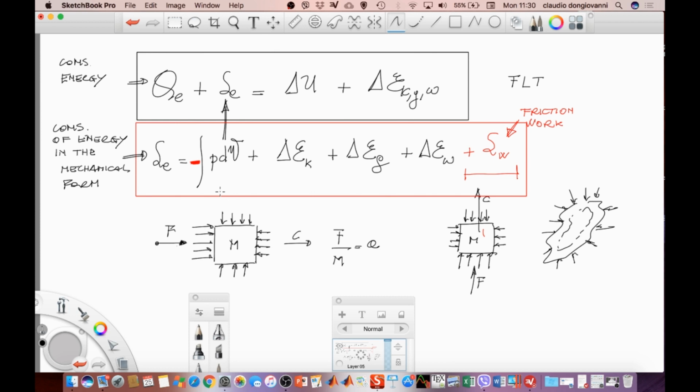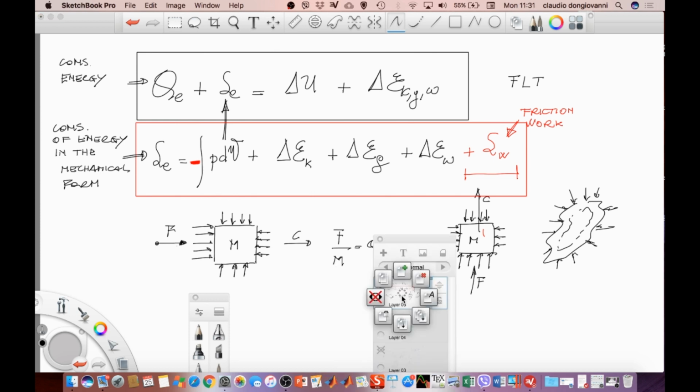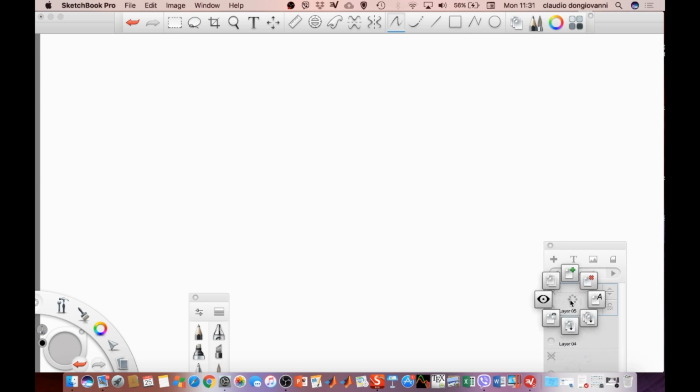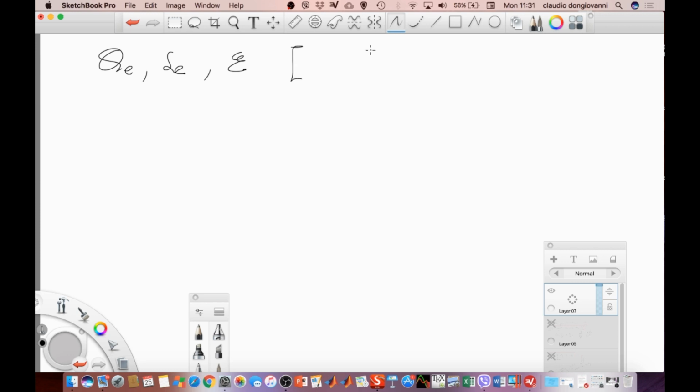Before, let me write this relationship in another way, a very simple way, more simple from the point of view of the form. Usually when I refer to Q, L, energy, the unit of measurement of this quantity is Joule. Okay?